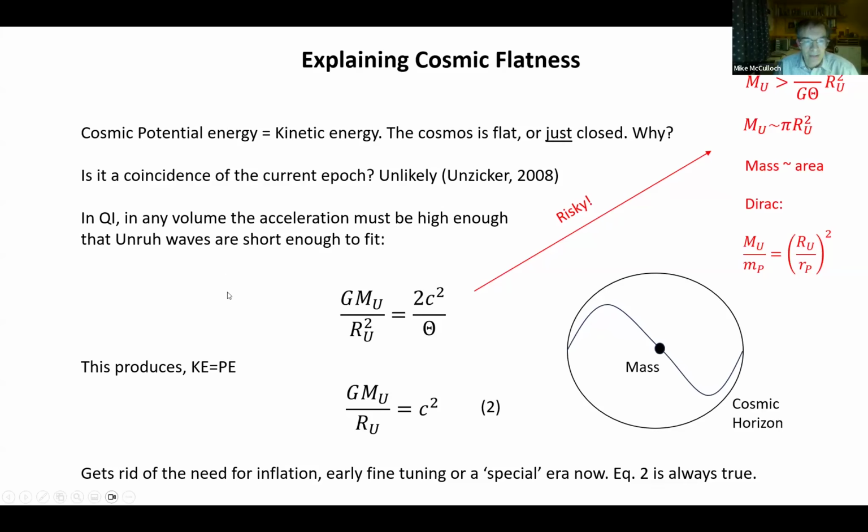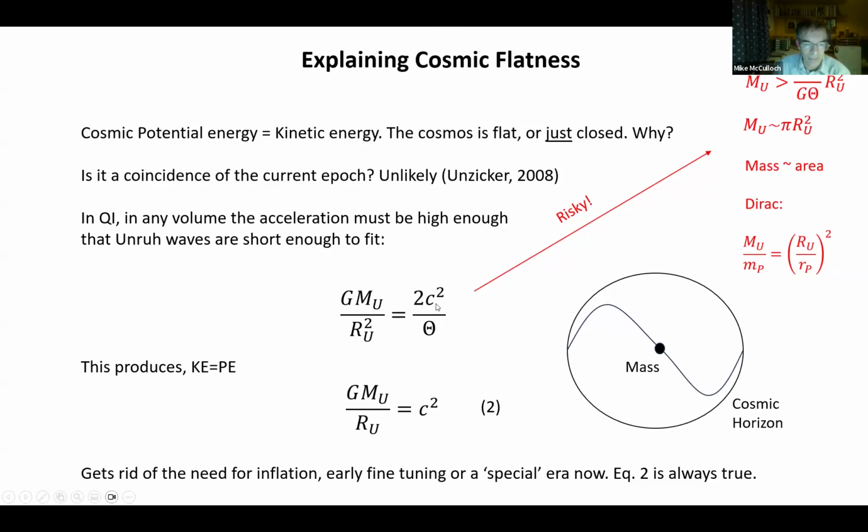But this can actually be predicted by quantized inertia, because in the theory, in any volume, the acceleration has to be high enough so that the Unruh wave seen by the objects is smaller than the cosmos. You can write this the following ways. You can say that the gravitational acceleration has to be at least this size.